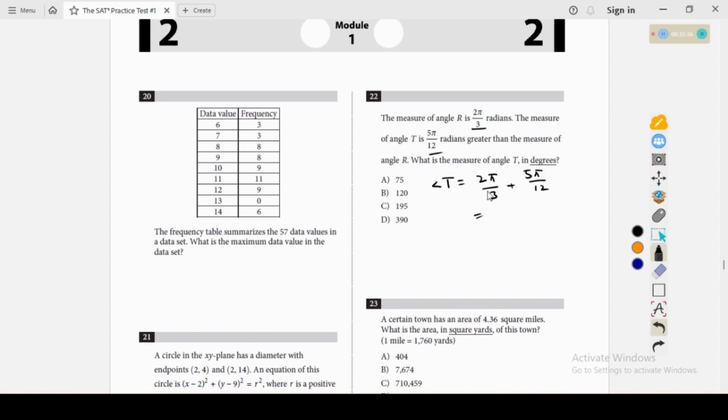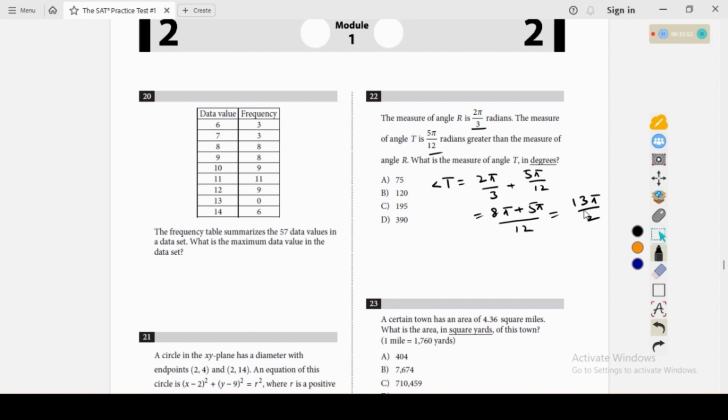It will become 8 pi plus 5 pi by 12. That is 8 plus 5, it will become 13 pi by 12.